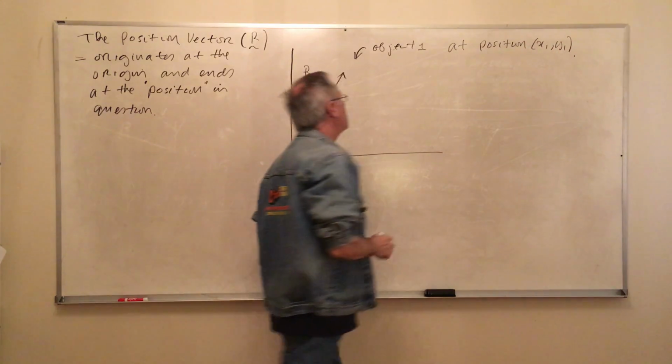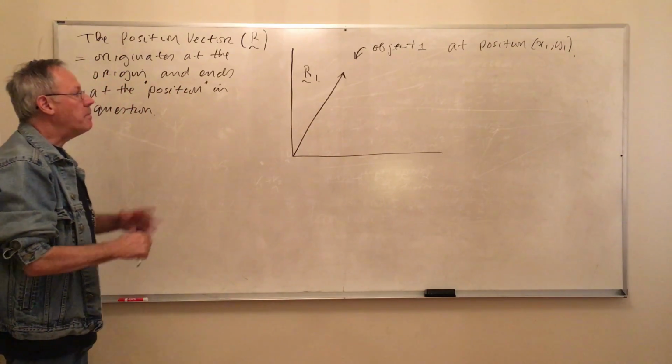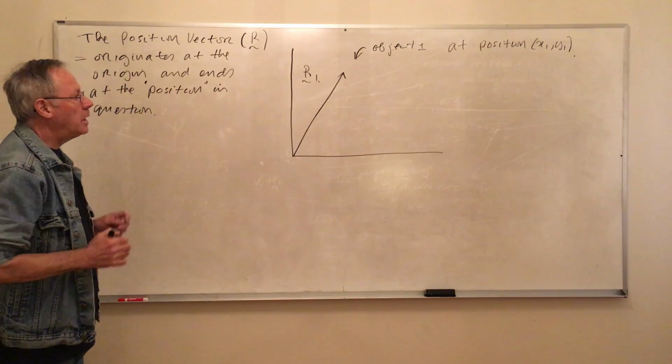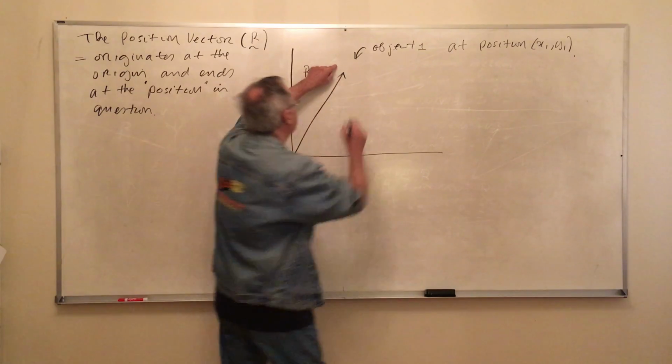So we have some object 1. Object 1 could be a mass, could be a charge, at position x1, y1, here.